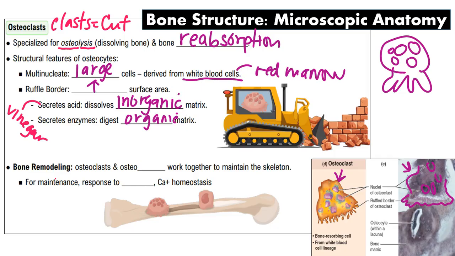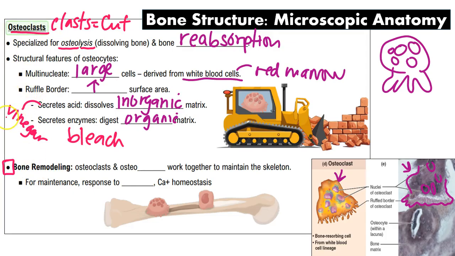And then if you're talking about the organic matrix, you can use something like bleach, which is going to digest the organic matrix, and then you won't have all those collagen fibers there giving it any extra strength. Okay? Another thing, like I said, that we don't go over too much is bone remodeling, but osteoclasts have a lot to do with that.